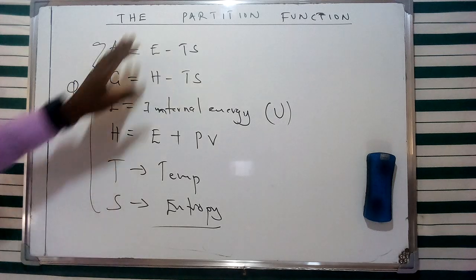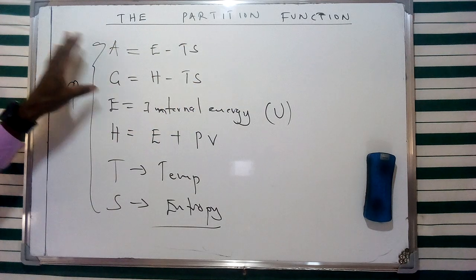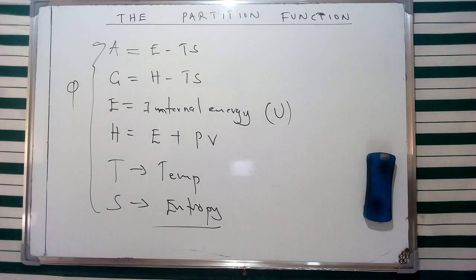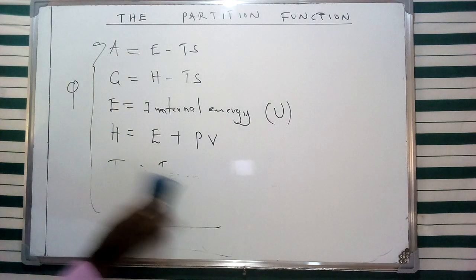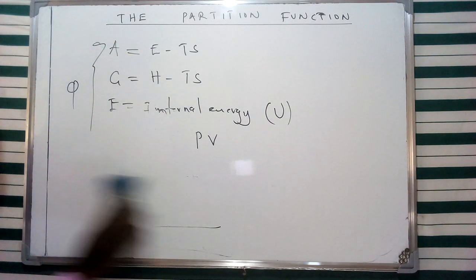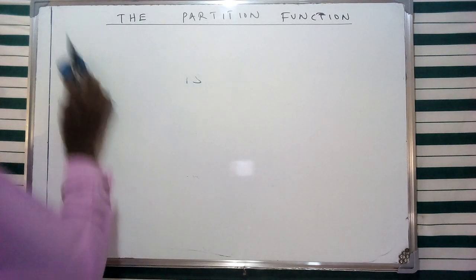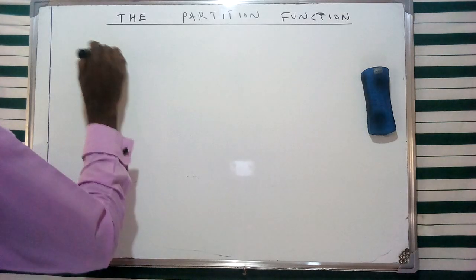Therefore, in our subsequent videos, I'm going to use various ways of representing these variables in terms of a partition function. And of course, we're going to start by defining the partition function in terms of an algebraic representation. So the total partition function can be given as Q, as I've said.